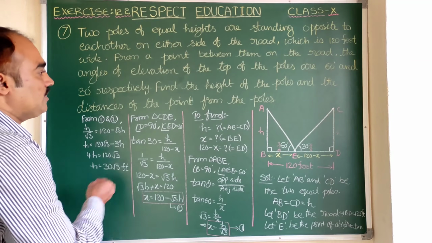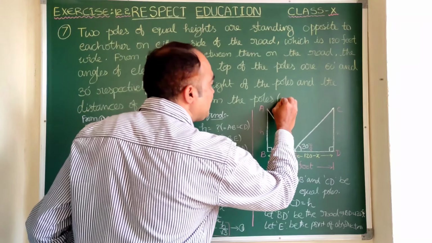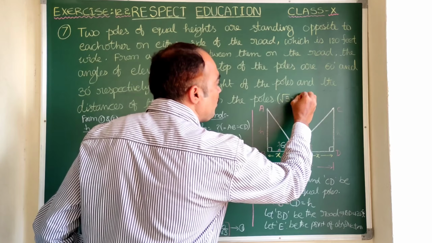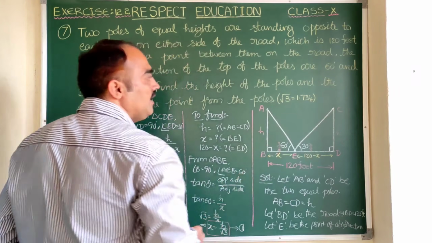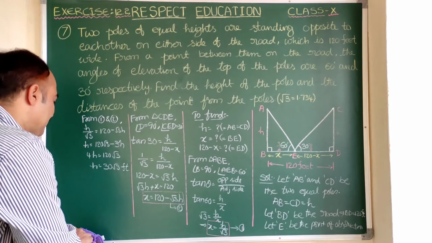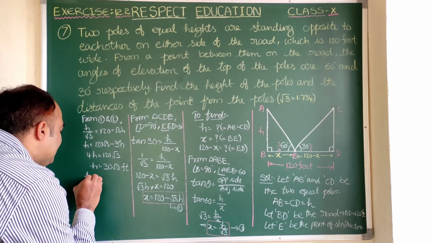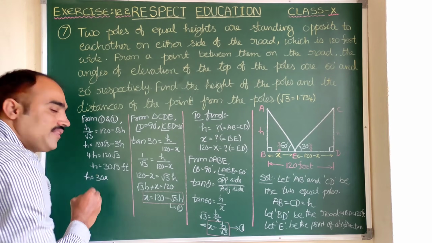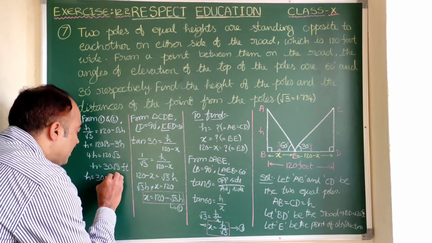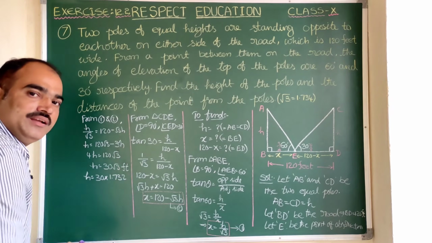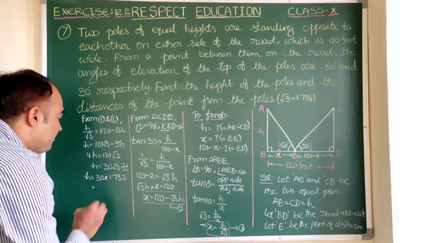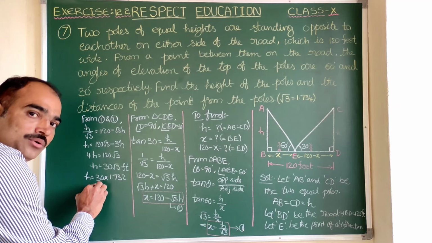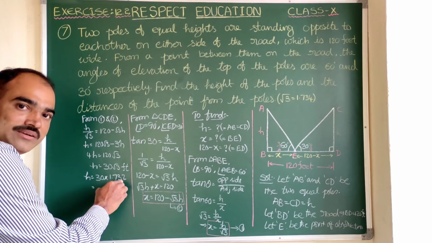If it is mentioned in the question that root 3 is equal to 1.732, that can be used here. So let us write H is equal to 30 into 1.732, which we can write as 3 into 10 into 1.732.